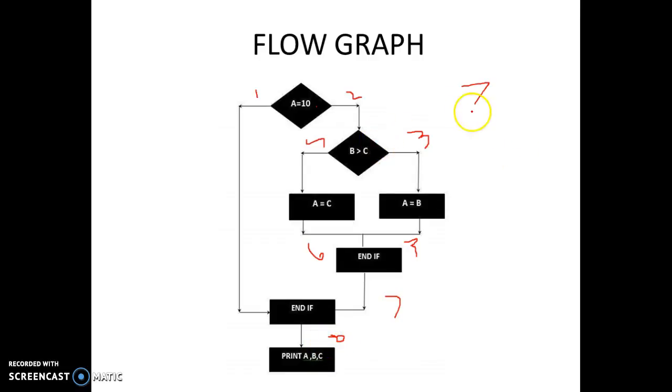So there are in all 8 edges and 7 nodes. This is what we calculate with the help of the flow graph.